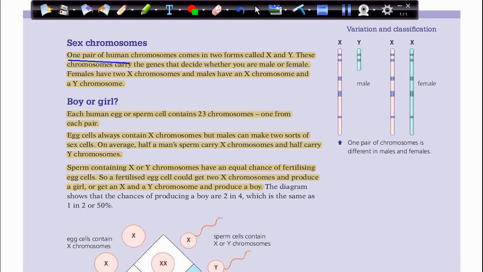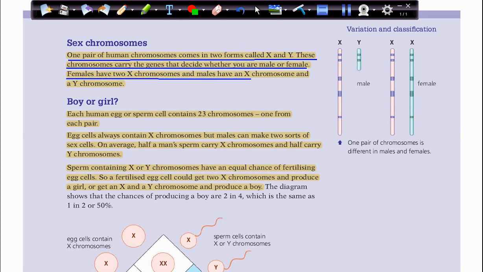One pair of human chromosomes comes in 2 forms called X and Y. These chromosomes carry the genes that decide whether you are male or female. Females have 2 X chromosomes and males have an X chromosome and a Y chromosome.